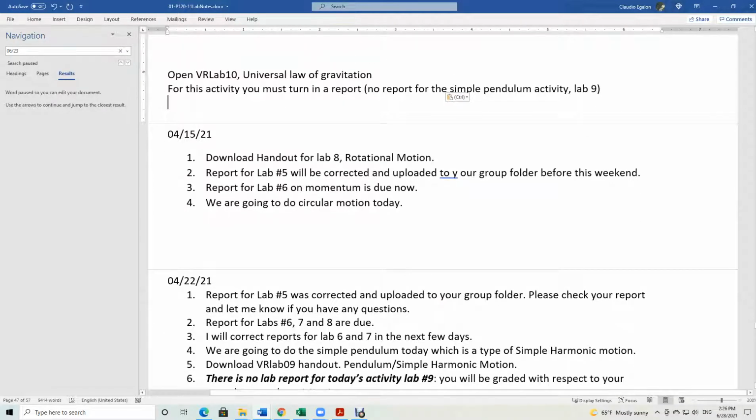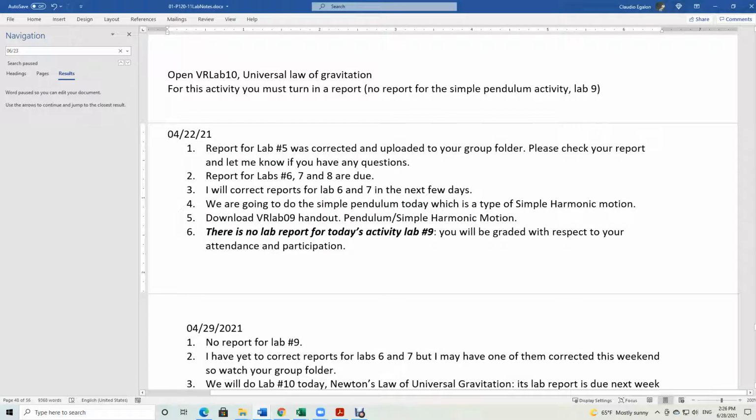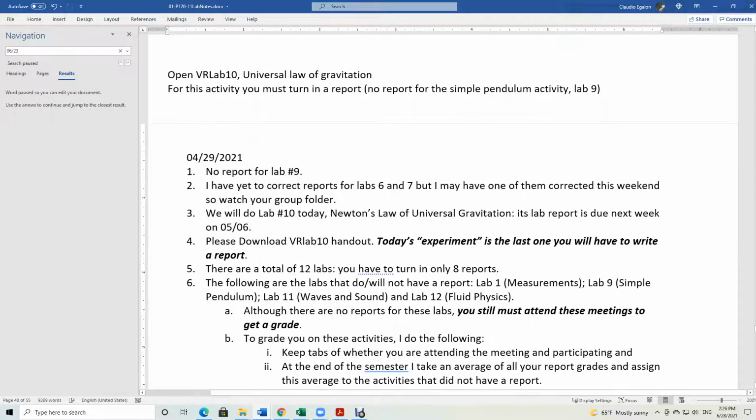I'm going to erase circular motion, we don't need that. No report for lab 9, right?